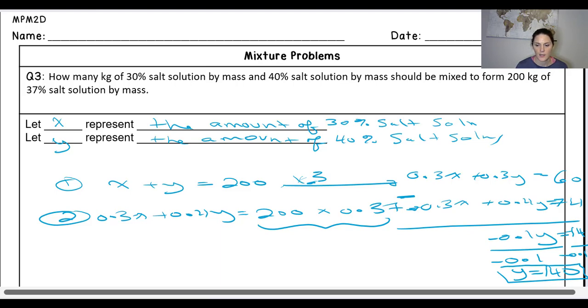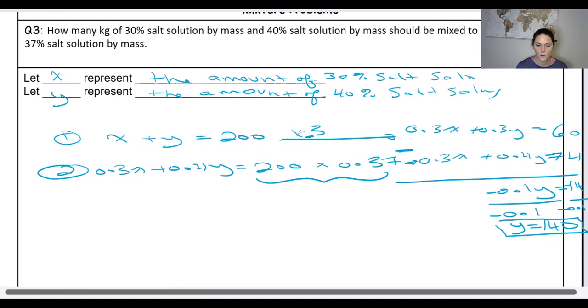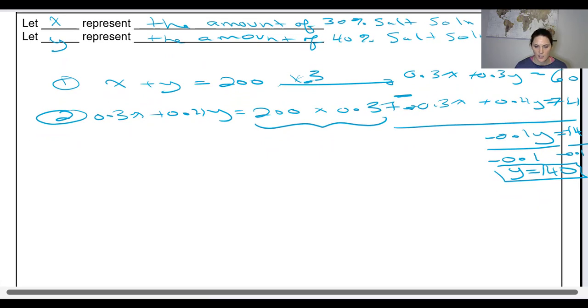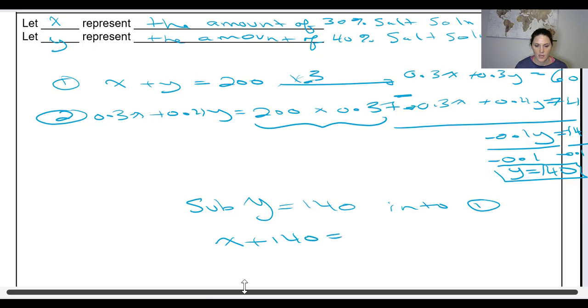Okay, next we're going to go ahead and solve for x. So we're going to sub y is equal to 140 back into equation number 1. So x plus 140 equals 200. So x is equal to 200 minus 140. So x is equal to 60.